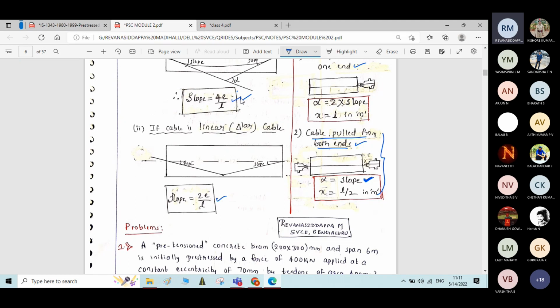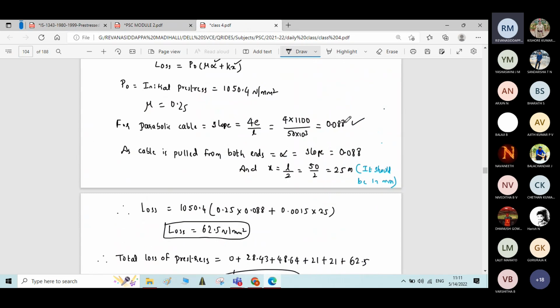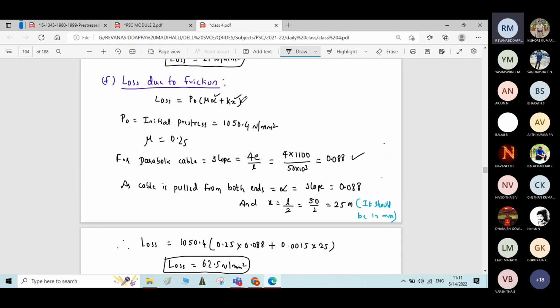Slope we have calculated as 4e by L, and x is taken as L by 2. Here you can see alpha is equal to slope, whatever we have calculated, 0.088, and x is equal to L by 2. And important thing, this x should be substituted in terms of meter. This formula is derived in such a way that if you substitute the x in terms of meter, you will get the loss in terms of Newton per mm square.